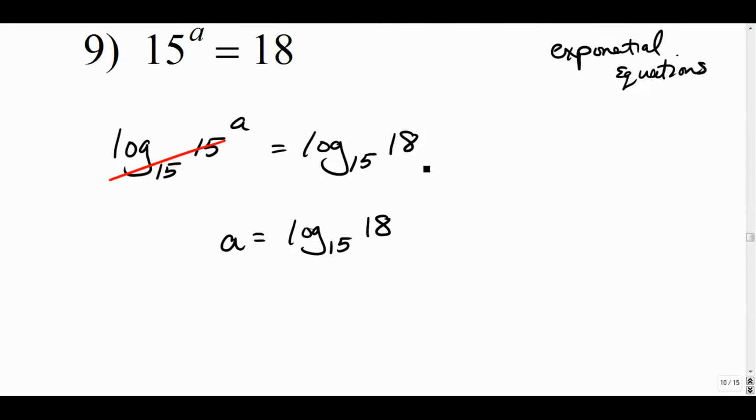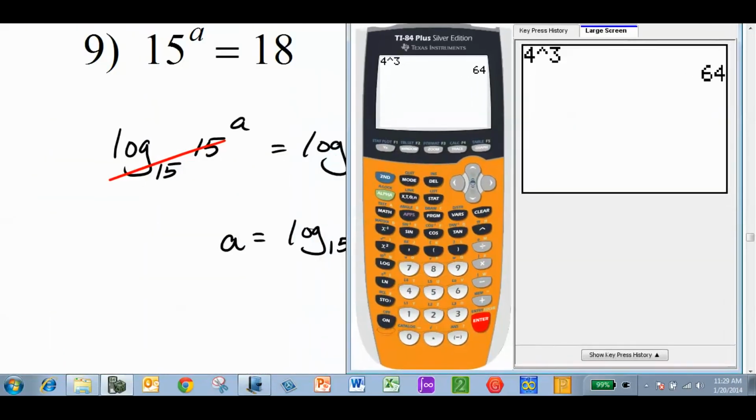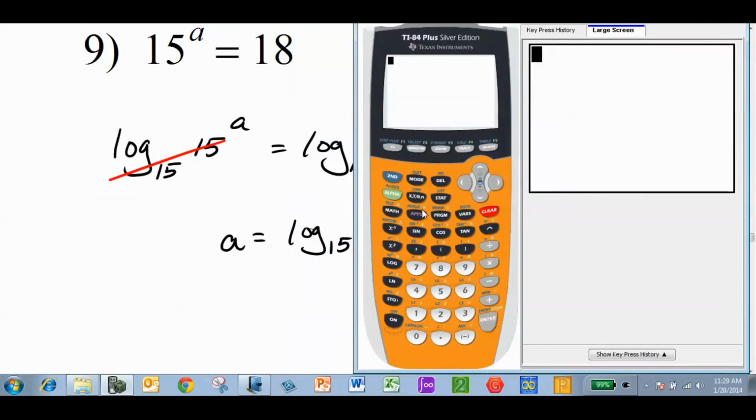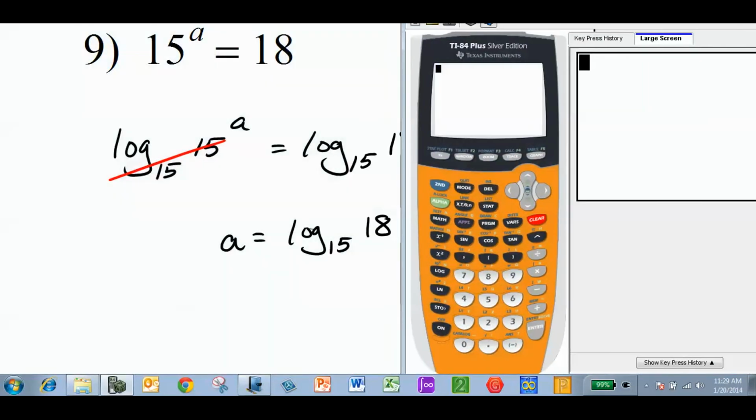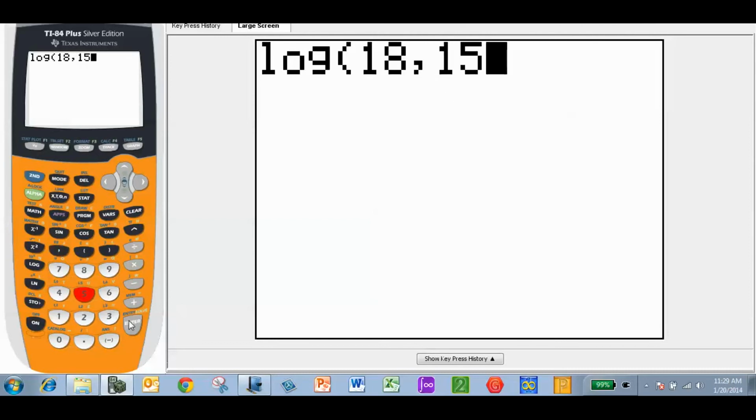And I just need to go to my calculator to actually get this value. So let's go ahead and figure out log base 15 of 18. I type it in: log base 15 of 18. The syntax has me put 18 first and then 15 after a comma, and press enter.